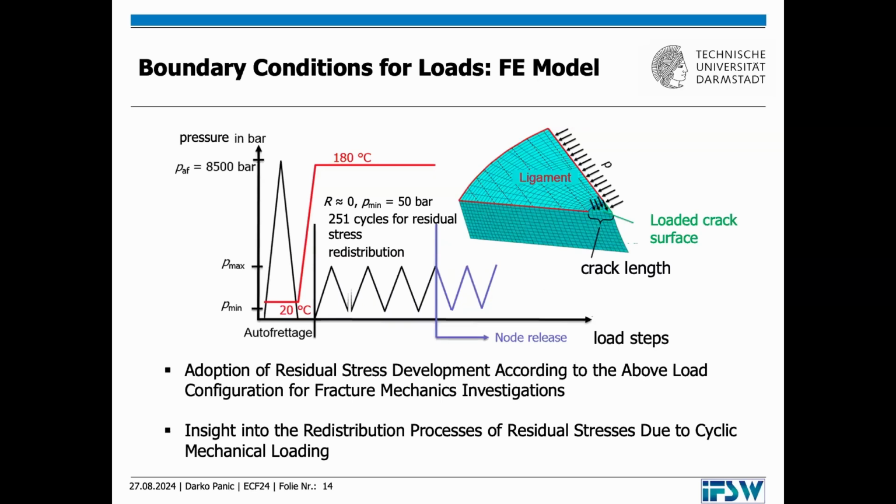And the node release technique, of course, follows these steps, is employed where the next segment of the crack front opens after 2 loading cycles, or it's a special number you have to verify, allowing us to simulate crack propagation effectively.